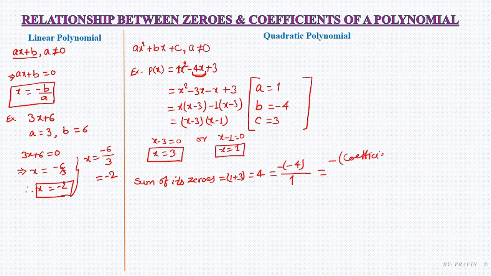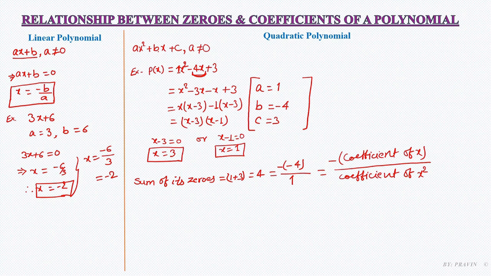So basically what I have written here is minus times the coefficient of x.